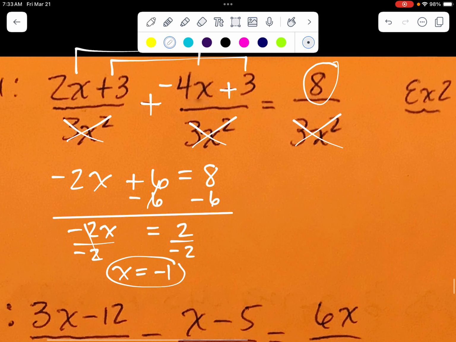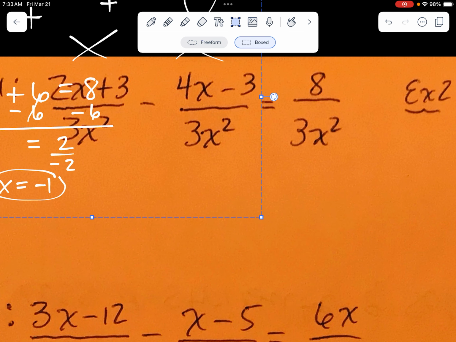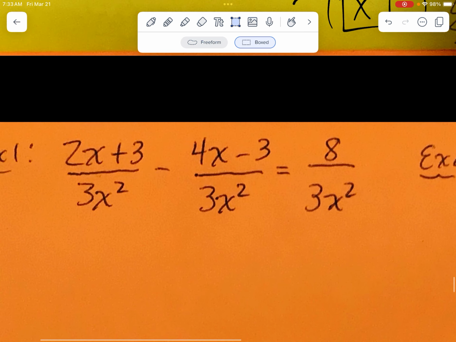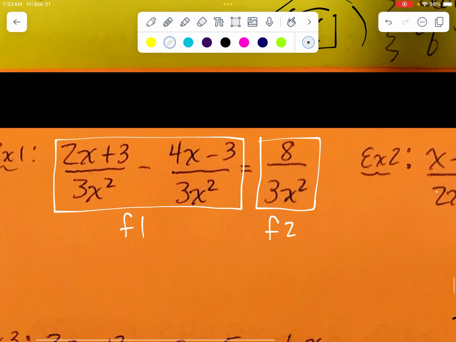So what does that look like graphically? Well, let me clean up our board here. I'll shrink everything down or just move it off to the side. There we go. What we are going to do is put the left side in F1, or create that just by itself in box 1 or F1, depending on the calculator you're using. And we're going to take the right side and put that in F2.